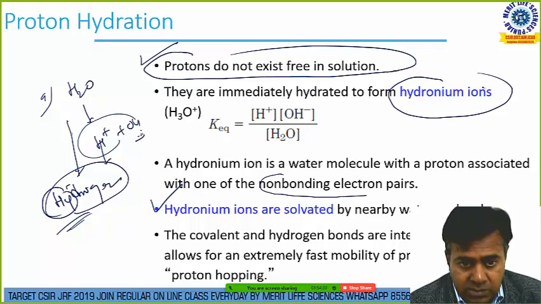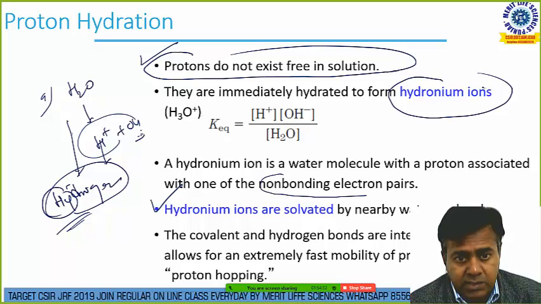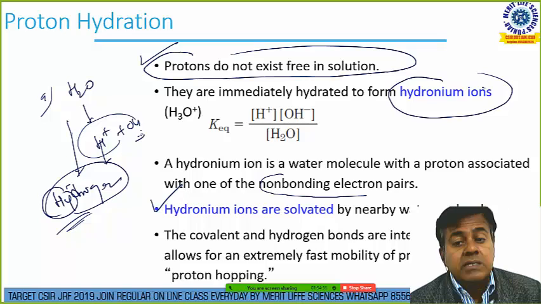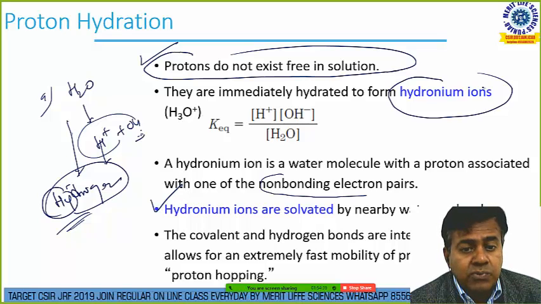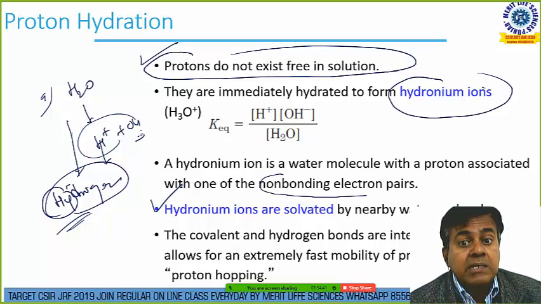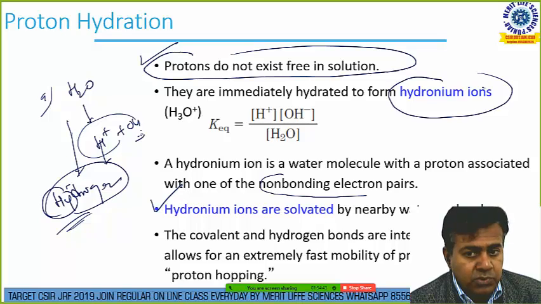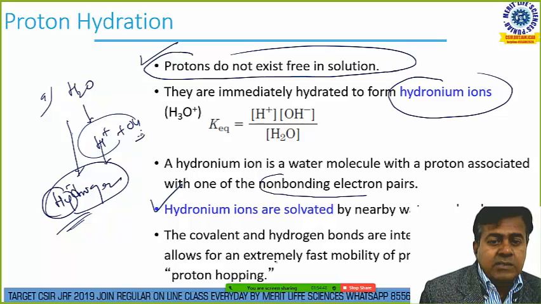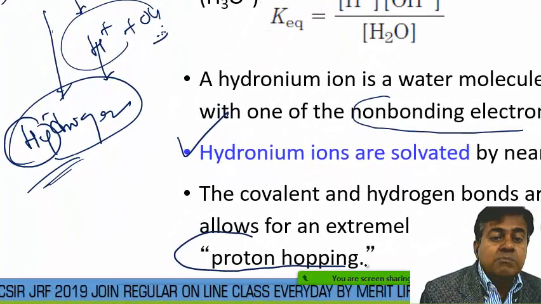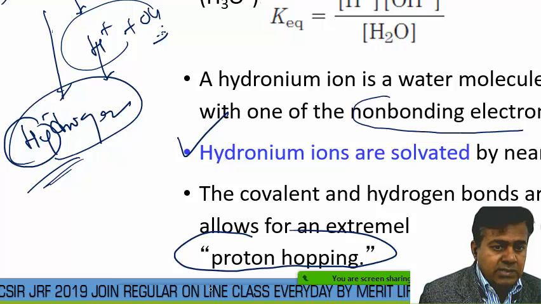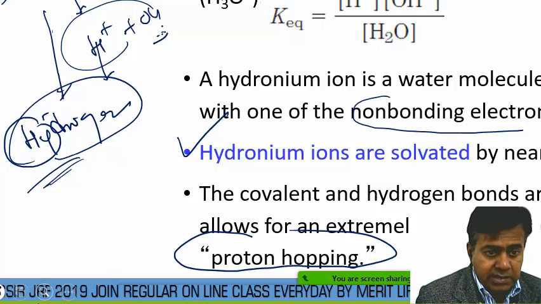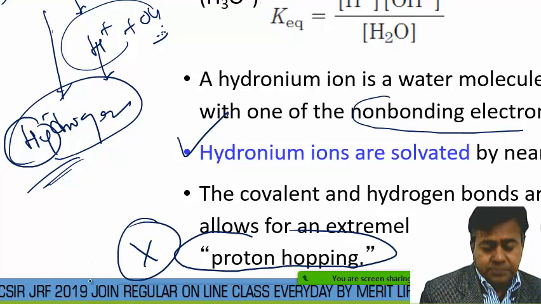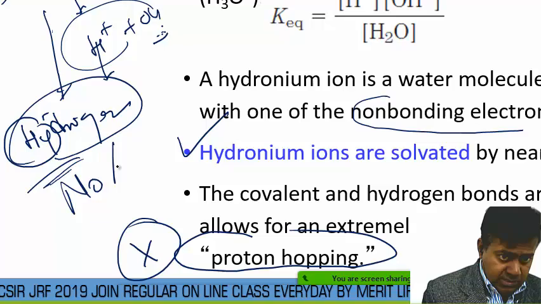And also because covalent and hydrogen bonds are interchangeable, this allows for extremely fast mobility of protons in water via proton hopping. Do you know this mechanism? This is, I think, one of the most important discoveries by scientists in the entire understanding of life. Because if this is absent, then there should be no life. Why am I saying that?